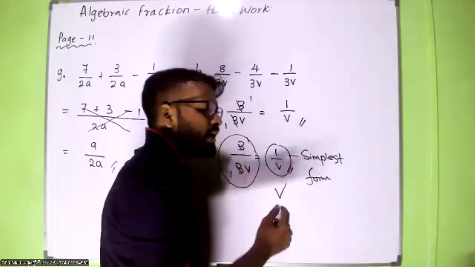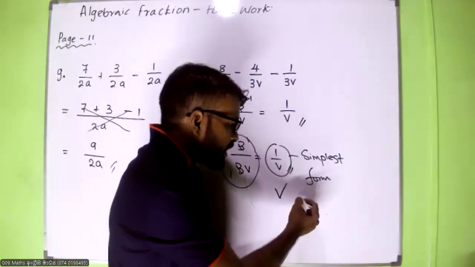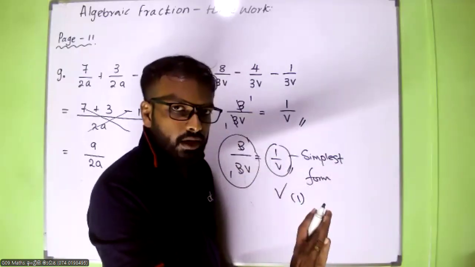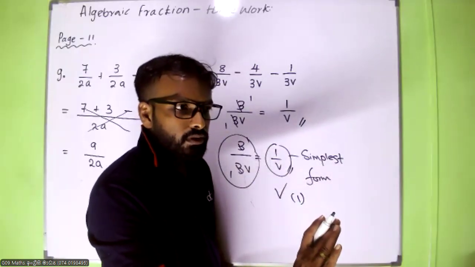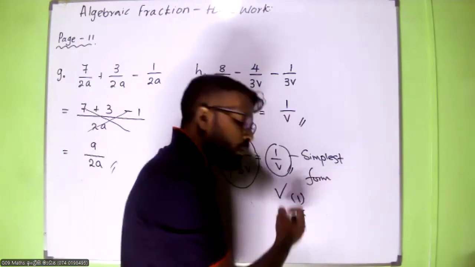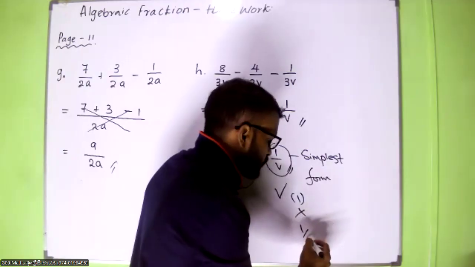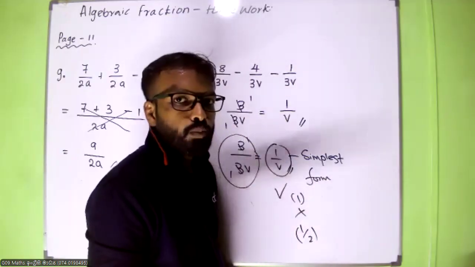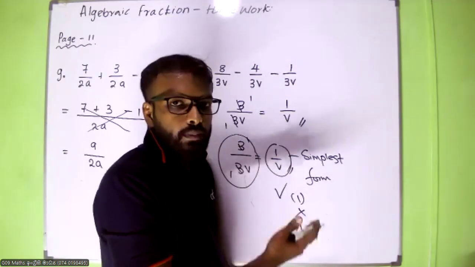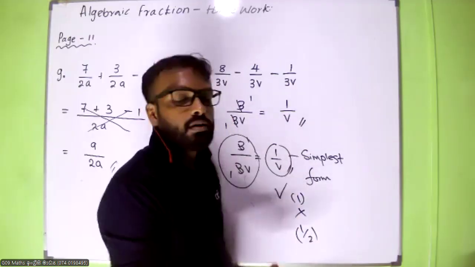Otherwise, for this answer you will get 1 mark at the end. So you will either lose the full mark, that means 1 mark will be lost, or half marks will be lost. The examiner or your teacher might reduce half or 1 mark.